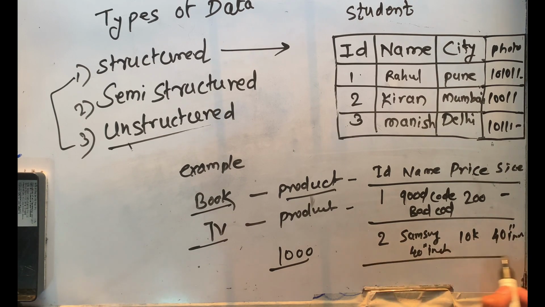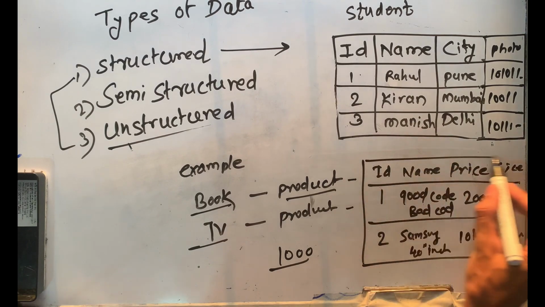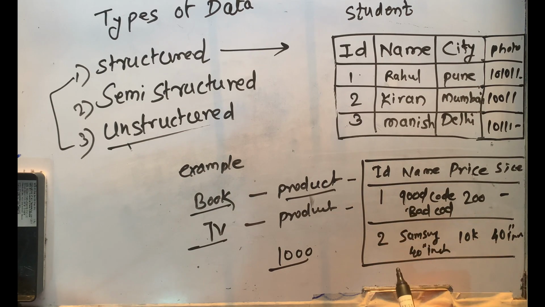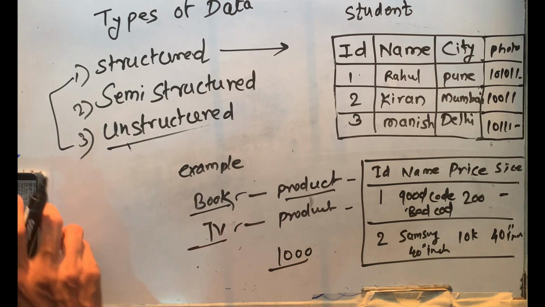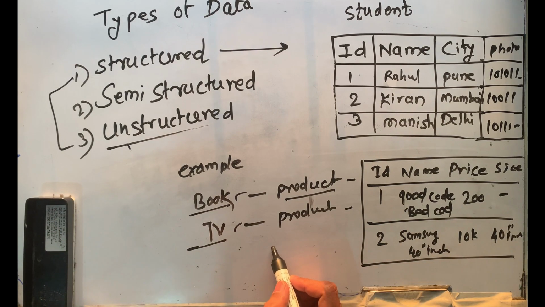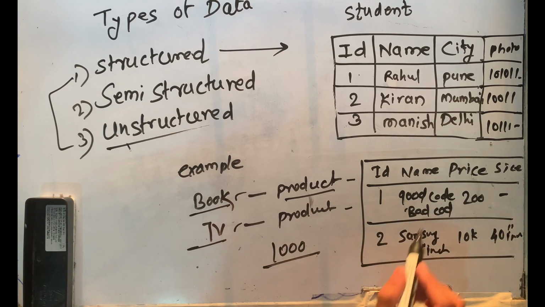But do these two products fit into the particular table? No. Why? Because the book has different parameters and the TV has different parameters. So they do not fit into one table. And suppose I have to add 1000 products in the product table. Can it fit?